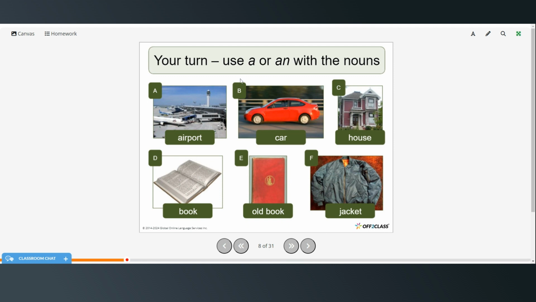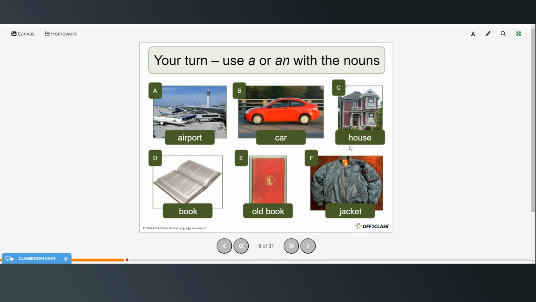Alright, so now decide whether you use a or an with these nouns. So airport. Well, it starts with the a sound, so we would say an airport. Car, a car, because C is a consonant.